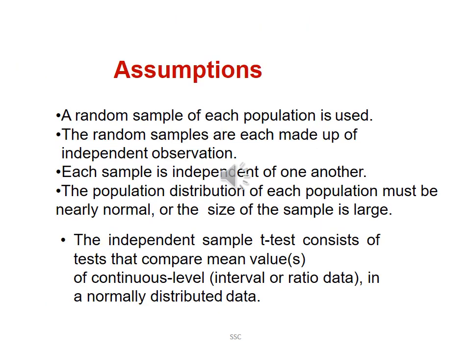For the second type of t-test, a random sample of each population is used. The random samples are each made up of independent observations. Each sample is independent of one another. The population distribution of each population must be nearly normal.